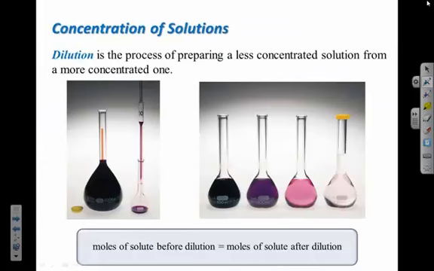Okay, so a lot of times you might also need to do a dilution. This is very common because if you buy a chemical, it usually comes very concentrated. If you're a company selling chemicals, do you want to sell diluted solutions or concentrated solutions to people? Well, if you sell a liter of diluted solution, you're not giving them much of the actual substance.